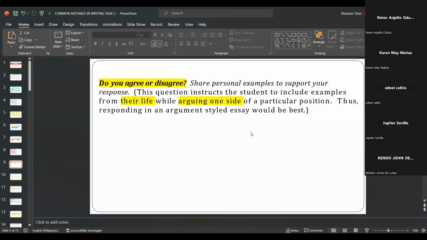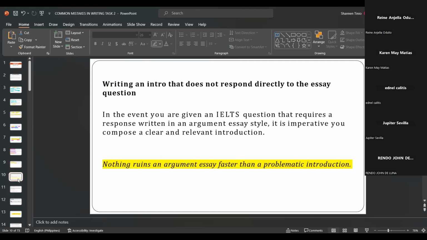Pili ka lang if you agree, state your reasons, state facts, state supporting details. Tapos. Examples, of course. Why? Kasi if pipilitin mong sagutin yung both sides, I disagree because, I agree because, it's too time-consuming. Makakain na masyado yung oras mo.